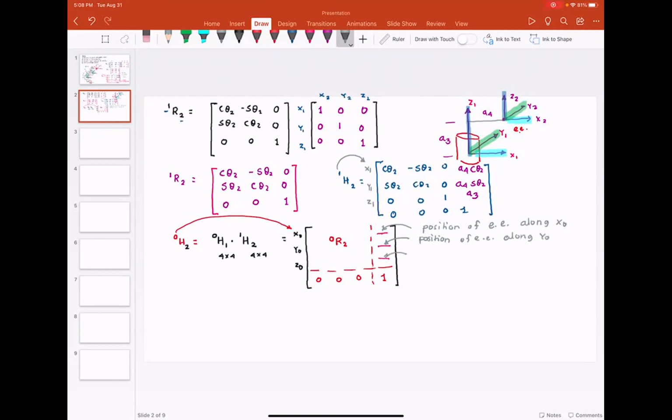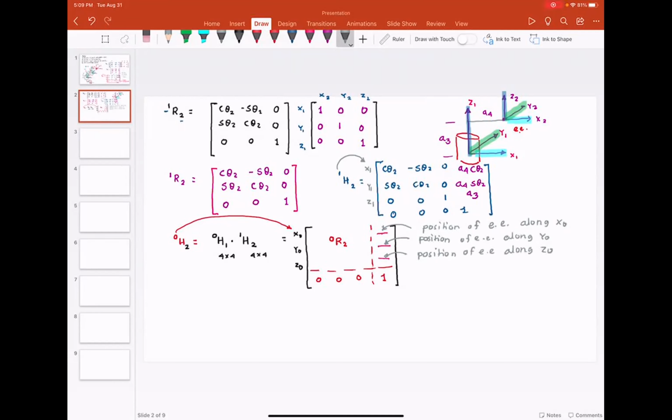This is position of end effector along z0. And this one doesn't matter. Everyone understood this? All right.